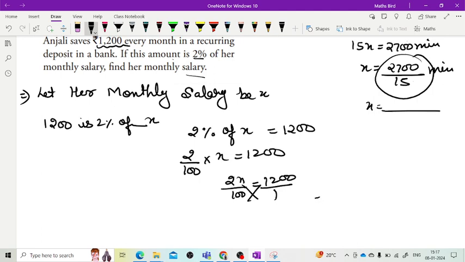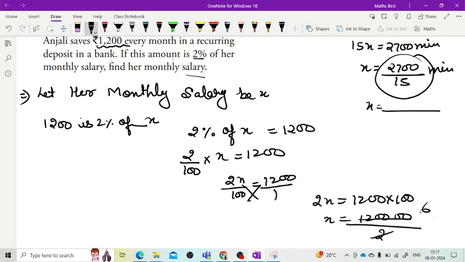Cross multiply, 2x will be equal to, so x will be equal to 1200 with two 0s more, two 0s and 2. So find her monthly salary. Her monthly salary was 60,000. That is the answer. Very easy it is.